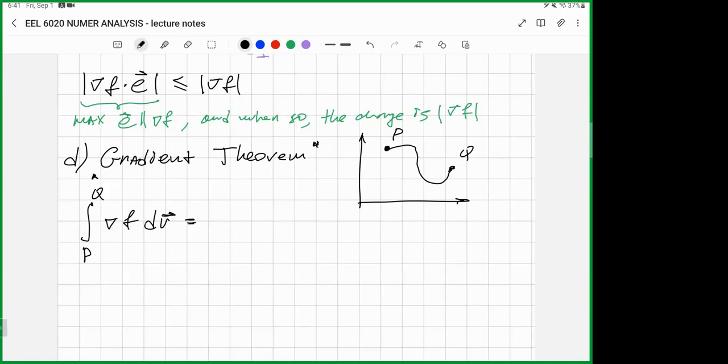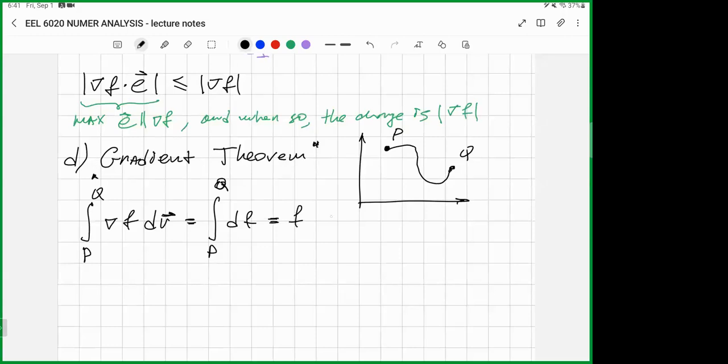So I substitute this gradient dot dr by the differential of f, as we already know. And when I take the integral of a differential, I simply get the field itself.